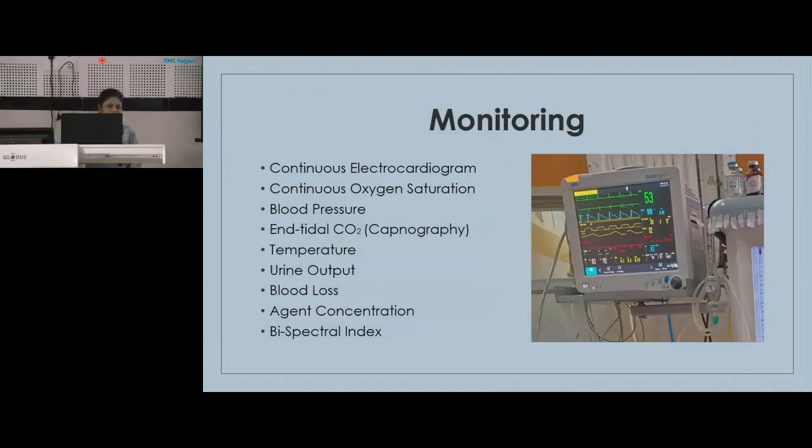Once your patient is taken on the OT table, all monitors should be attached. So you should monitor the continuous electrocardiogram, oxygen saturation, and blood pressure. It can be NIBP, non-invasive, or invasive depending upon surgery, and end-tidal CO2. So this is a capnograph.